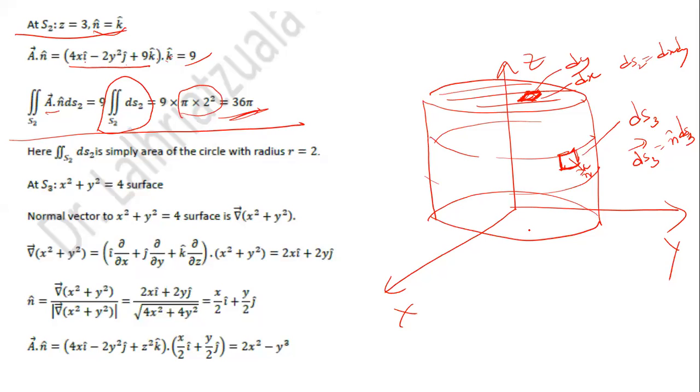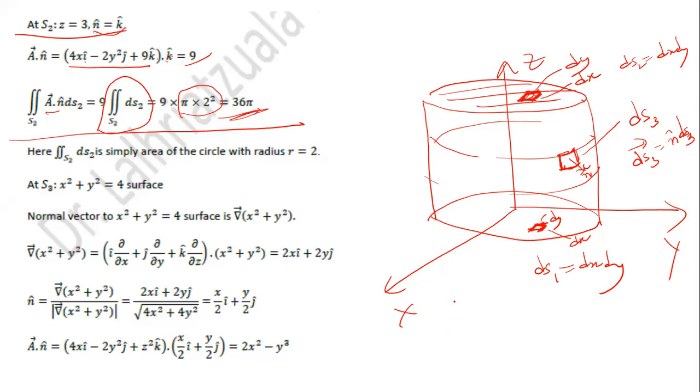And similarly over this flat surface, consider any area element here, what I highlighted here is a small segment along the x-axis, and this side is equivalent to a small segment along the y-axis. So this area element is dx dy. So the surface element dS1 here also is dx dy. If the surface is parallel to the xy plane, the surface element you can write as dx dy.